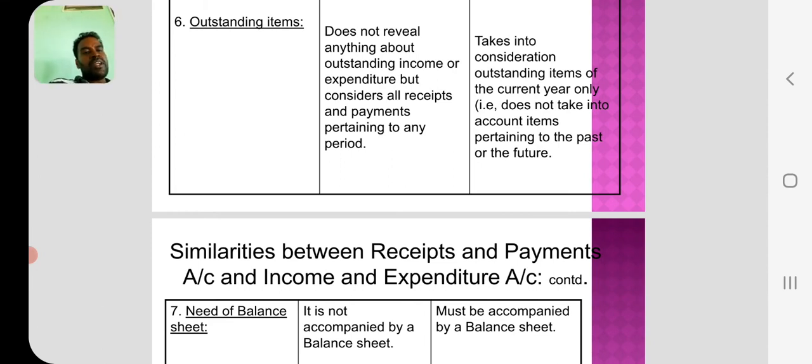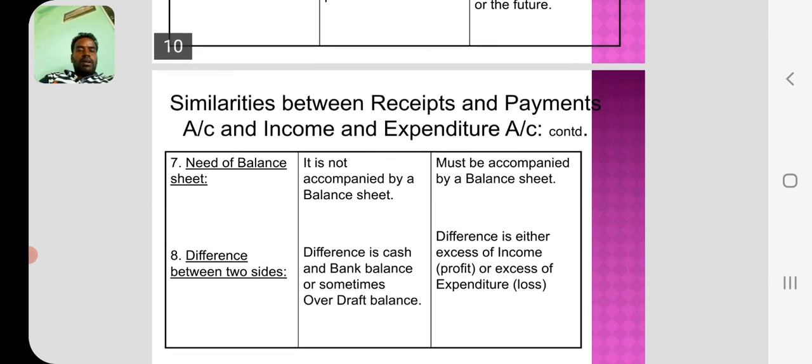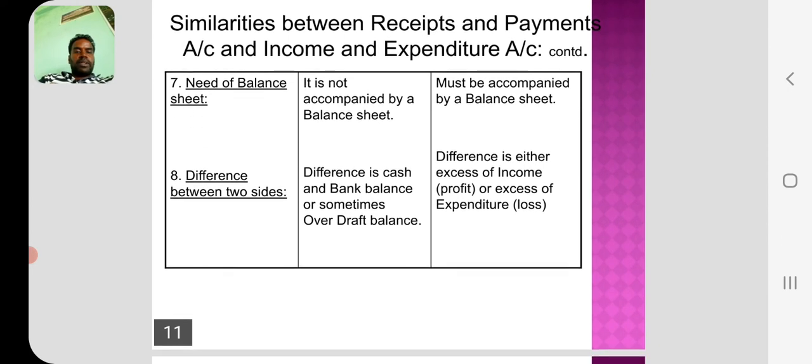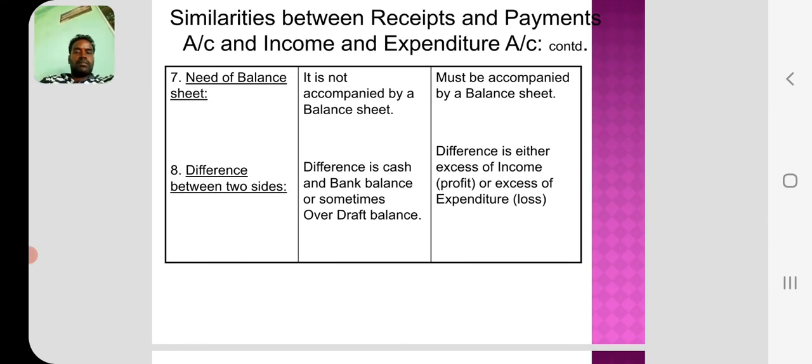Income and expenditure takes into consideration outstanding items of the current year only, and does not take accounting items of the past or future, only the current year. Seventh one, need of balance sheet. Receipts and payments is not accompanied by a balance sheet. After preparing receipts and payments, there is no need to prepare a balance sheet.